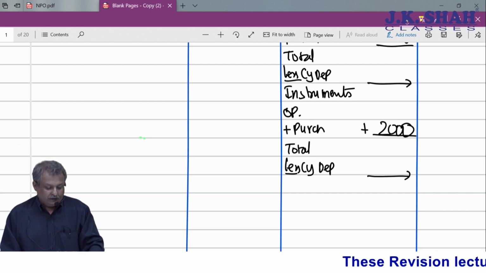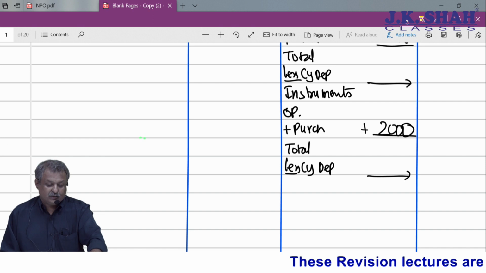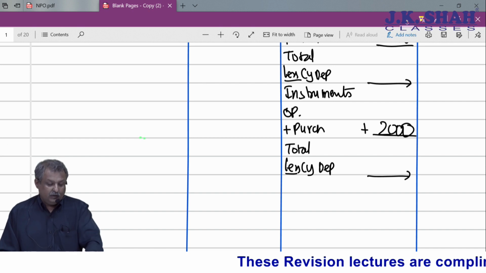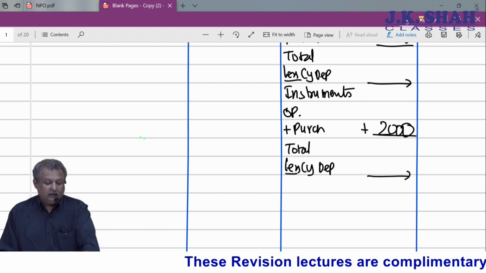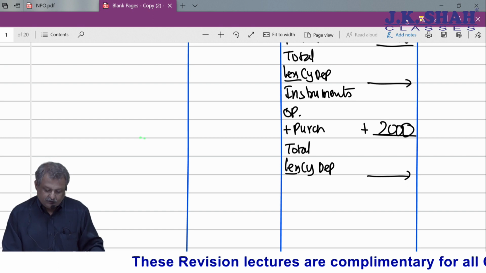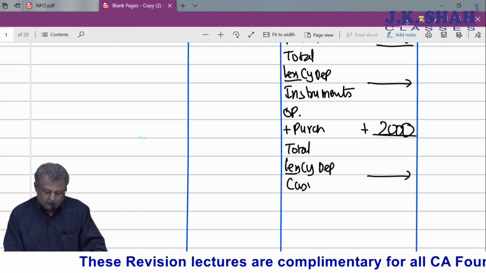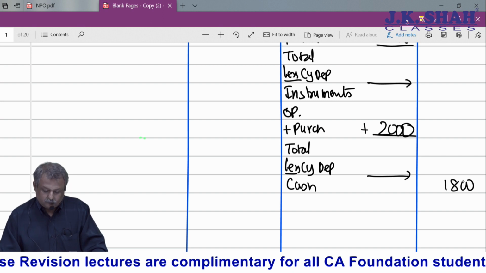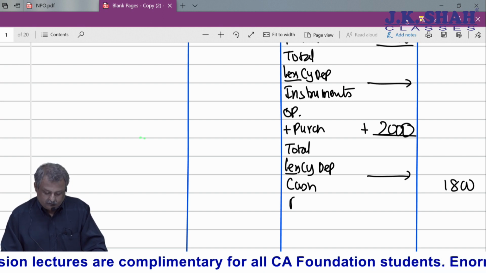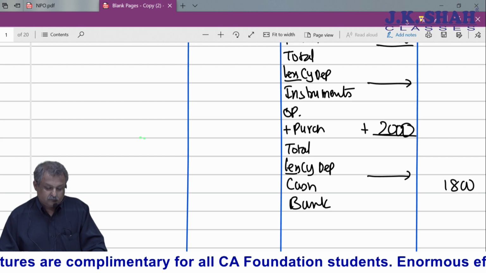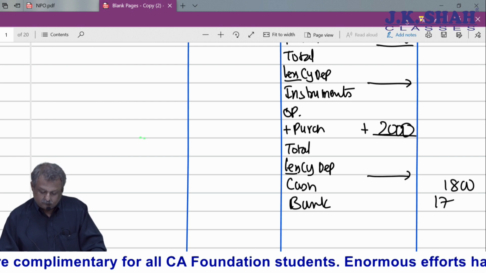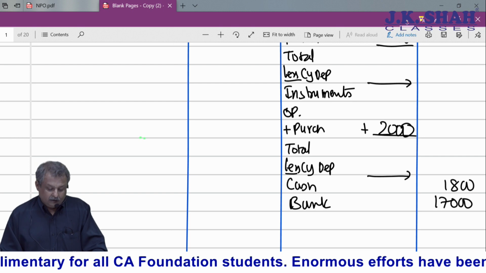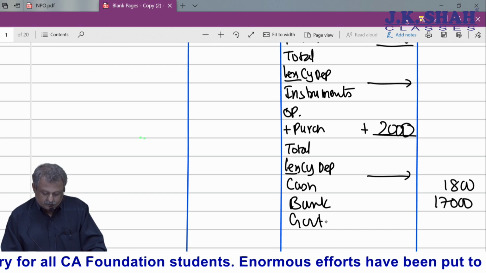Then, what other item is remaining on the credit side? See the untick items. The untick items are cash, bank and government securities again. So you can write it here. Cash, then bank, and government securities.